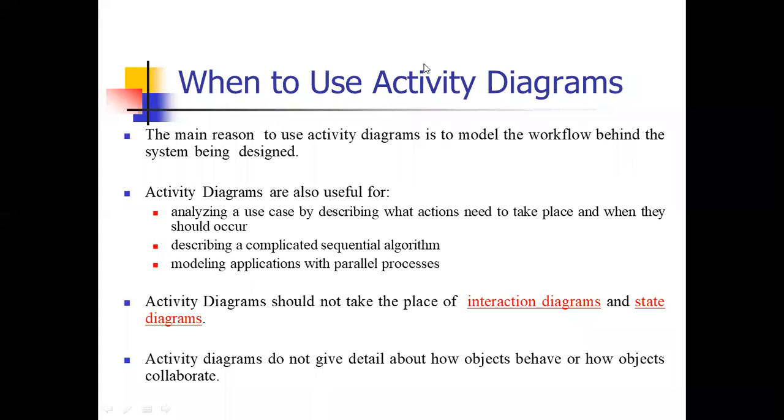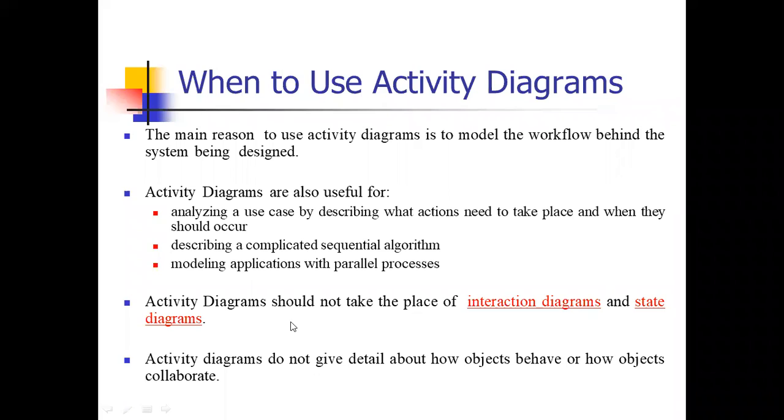It describes a complicated sequential algorithm. Activity diagrams are useful for describing a complicated sequential algorithm so that we can easily understand that process or algorithm. It is also useful for modeling applications with parallel process. Activity diagrams should not take the place of interaction diagrams and state diagrams.